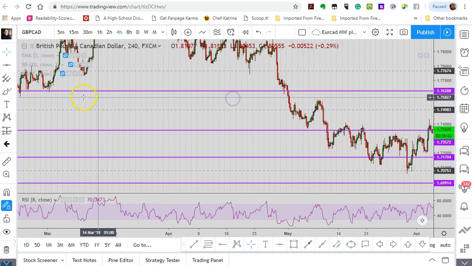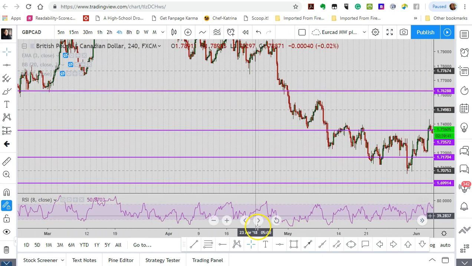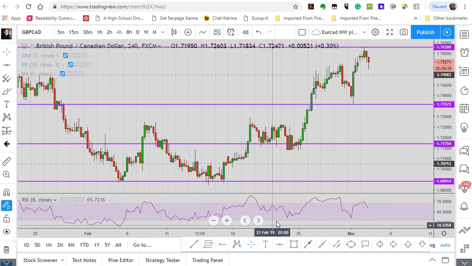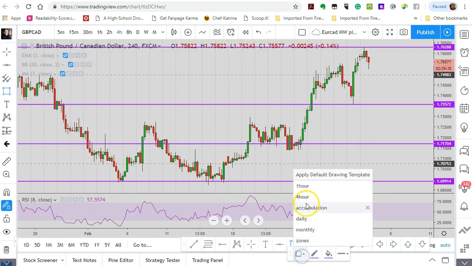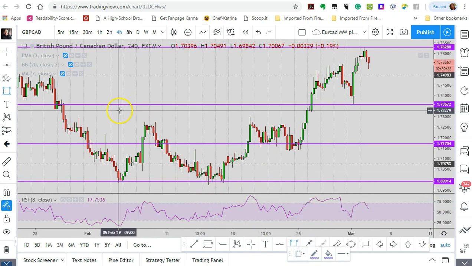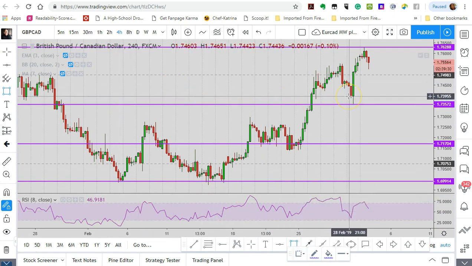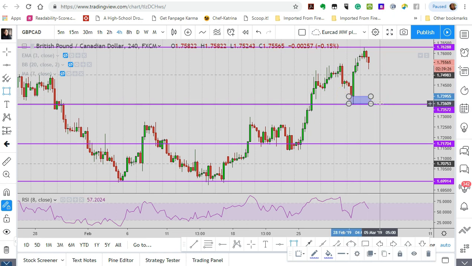I do it with the horizontal line first to find the area by wick. Then once I find the area by wick, get my rectangle. I'm going to use this. Wick to candle. I only go down to where the horizontal line is.